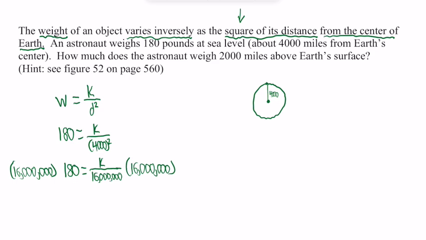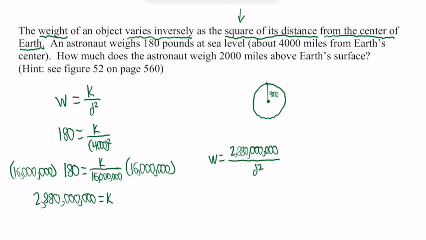And I get 2,880,000,000 equals K. So now I can go back and write my basic equation as W equals 2,880,000,000 divided by d squared.